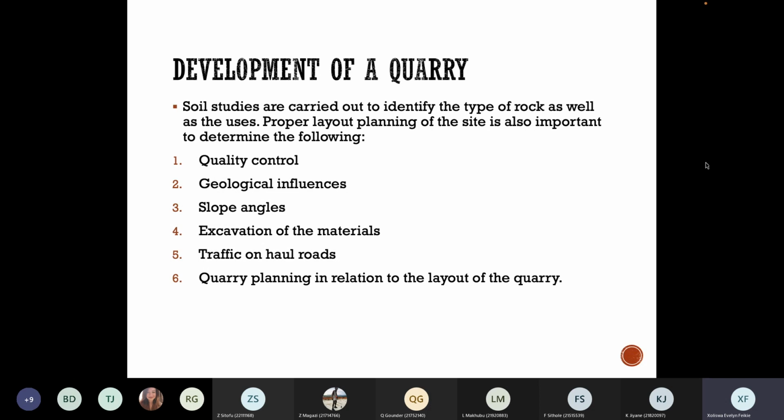Depending on whether we are going to use the material as a sub-base, a base, or to surface the road. When you're surfacing the road, maybe you're using aggregates, either a 19 millimeter, and then on top of it maybe a 9.5. So the quarry will be developed in terms of what kind of material we need and what we are going to use it for, right?